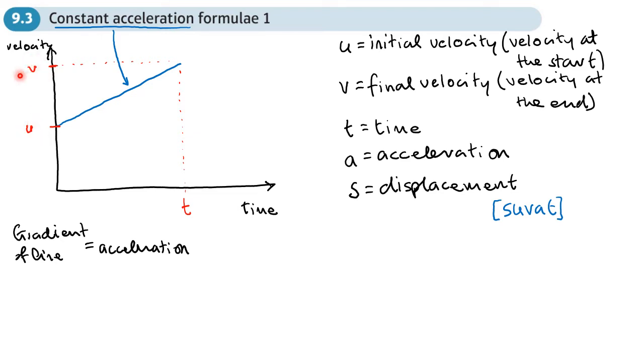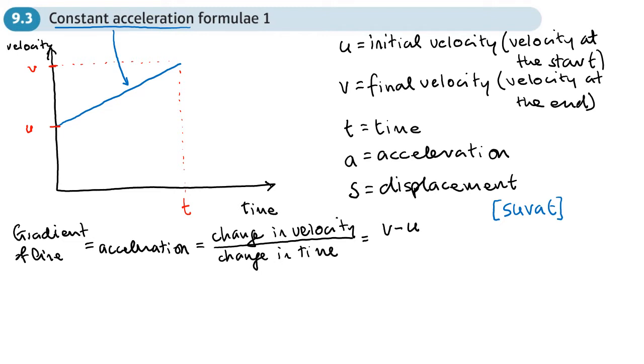Because I've got letters, it's v minus u. Okay, so I'll just put acceleration equals change in velocity, that's the change in y, over the change in time. The change in velocity is v minus u, and the change in time is t. That's the letter we use for the end time.